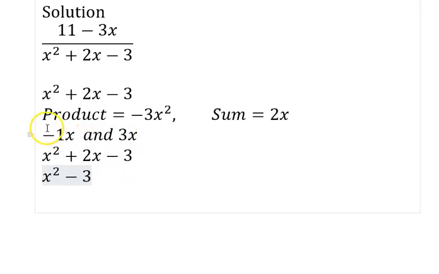Instead of having this number at the middle, we put the two numbers we have looked for. So we say minus 1x. You can put minus x, you are still correct, but to simplify the explanation, x is still the same thing as 1x. So let me put this minus 1x plus this 3x, the two numbers we have looked for.